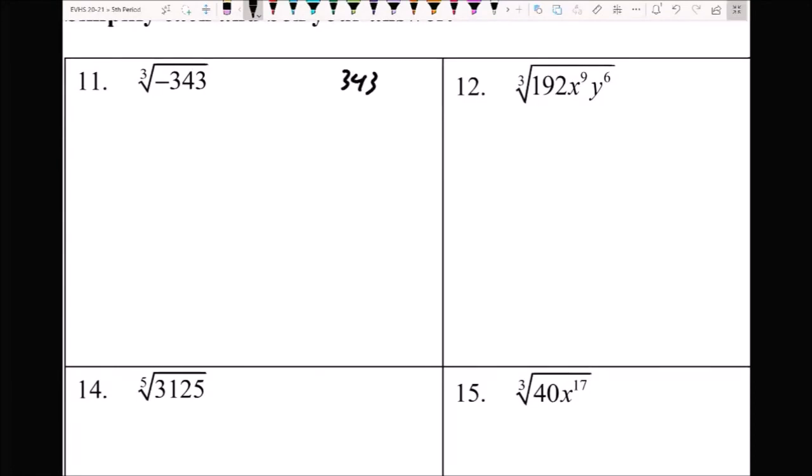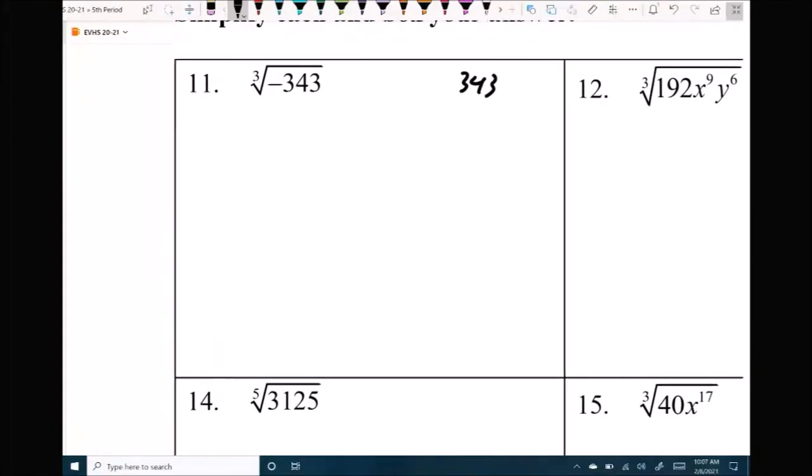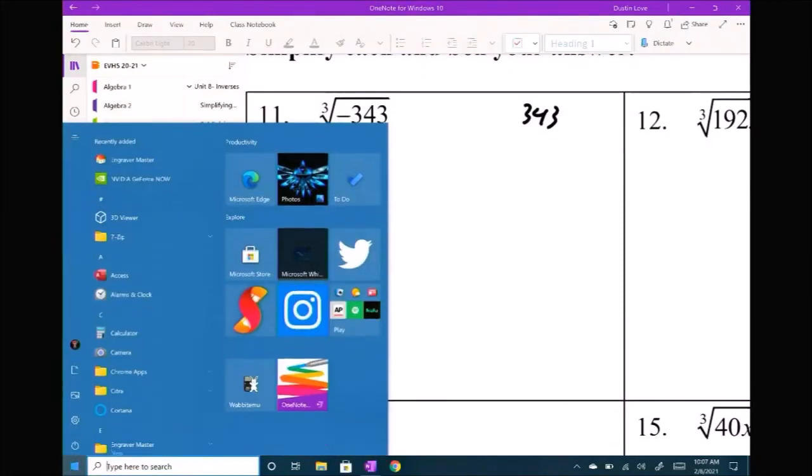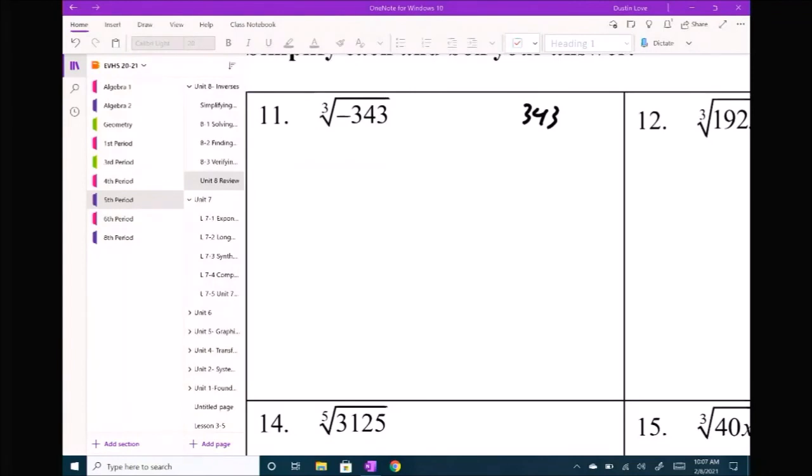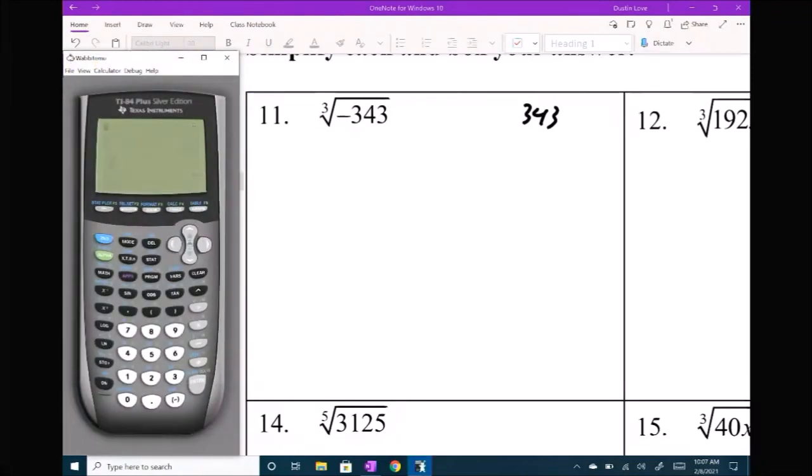343, and I am not good with mental math these days, so I'm going to use my calculator on this. I know for sure a 2 does not go in, and 343 divided by 3 does not work. A 5 does not go in, but we're just testing primes as we go up.